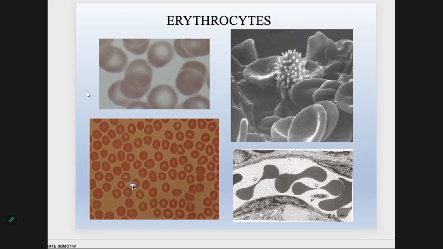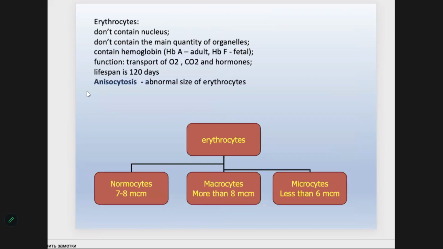Look at these illustrations, electron micrograph and light microscope. The main function of erythrocytes is transport of gases, oxygen and carbon dioxide. It is a respiratory function.